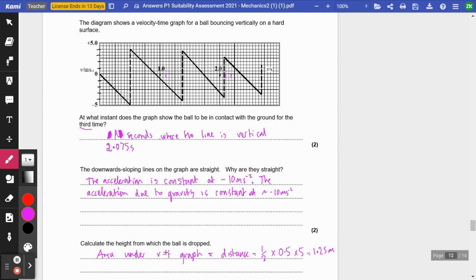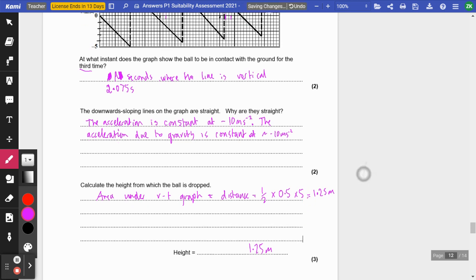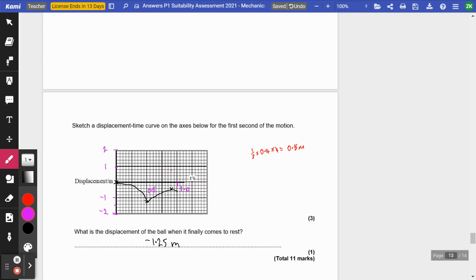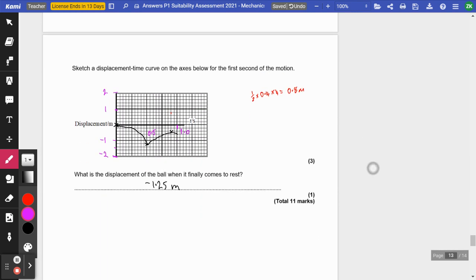So from there to there, it has completed its fall, and we work out the area here. That's a triangle, so it's a half base times height, half of 0.5 times 5, and that gives us 1.25 meters from where the ball is dropped.